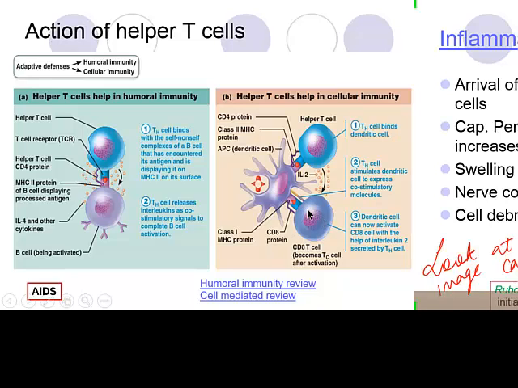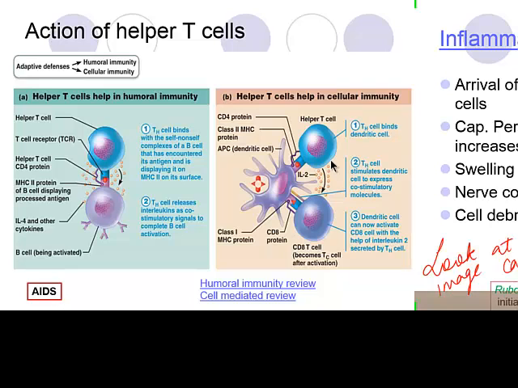And therefore this CD8 cell becomes fully activated, and then it will form clones and be able to do its job. If this was not there, these molecules would not be liberated, this would not get activated, and hence it would not be able to do its job. So can you see how it's helping both in humoral immunity and in cell-mediated immunity, and that's why it's called helper T cell.